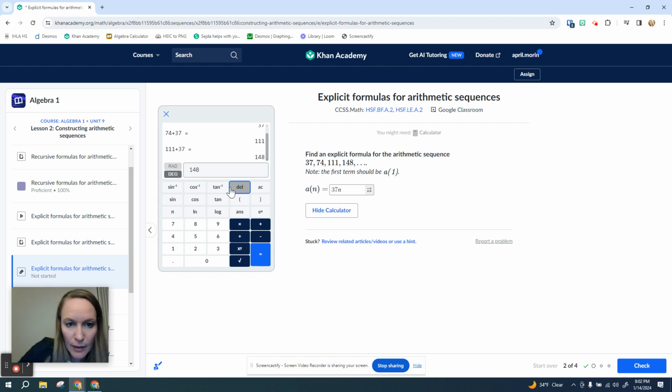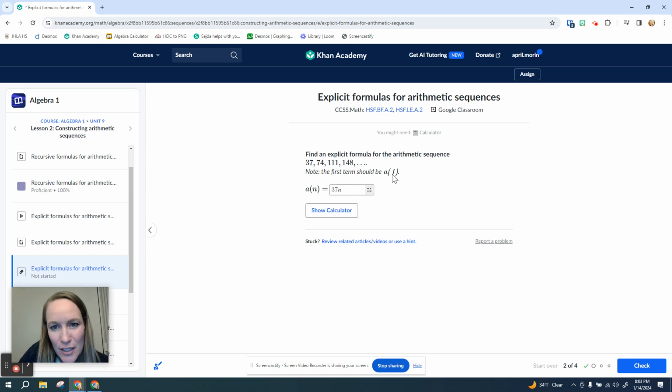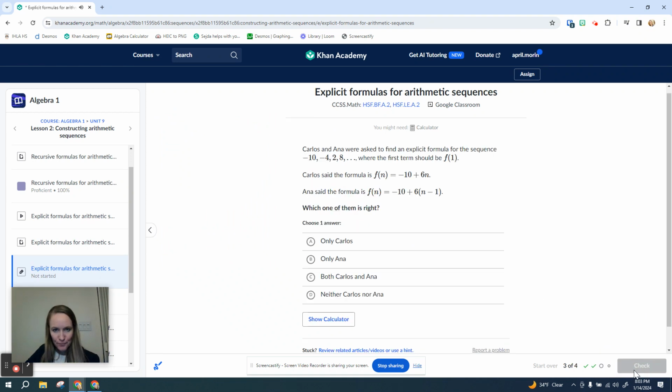Clear. 37 times 2 for A of 2. Does that work? Yes. And then let's check 37 times 4. With the right numbers. Yes. So that should work. Okay, they just didn't want that A in there. All right.